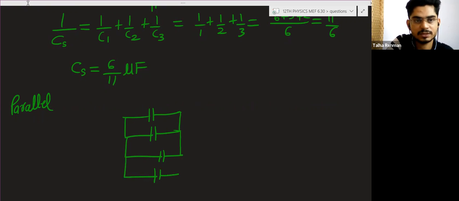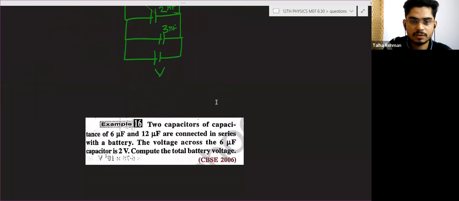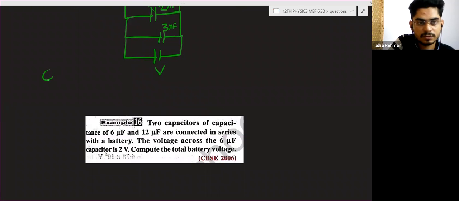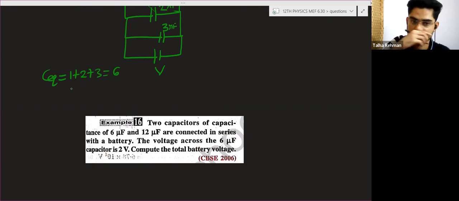This is not a capacitor, this is a battery. This is 1 microfarad, this is 2 microfarad, and this is 3 microfarad. Calculate the equivalent: C equivalent is simply 1 plus 2 plus 3, which becomes equal to 6.